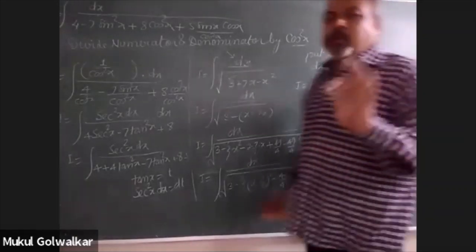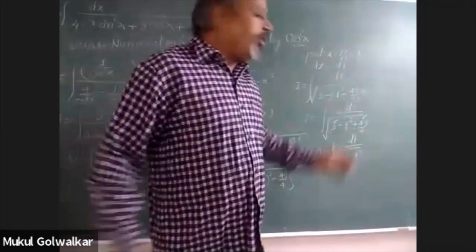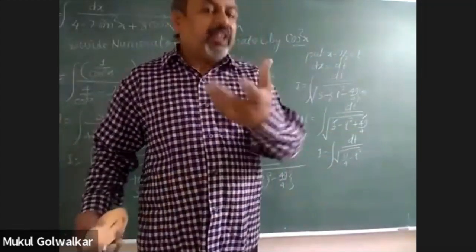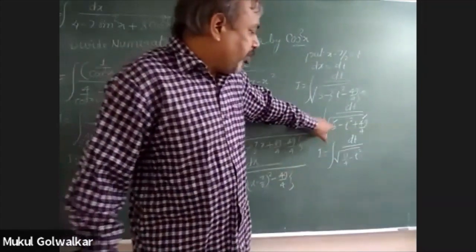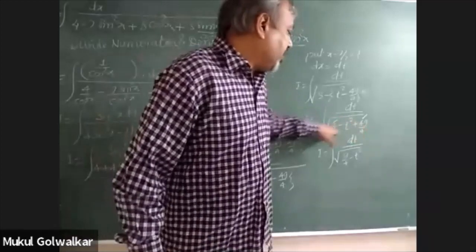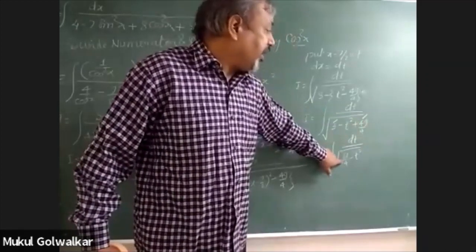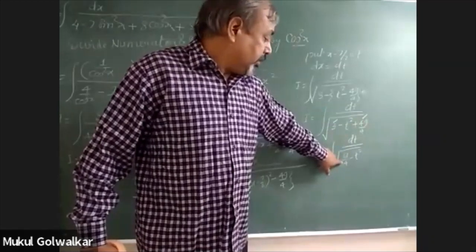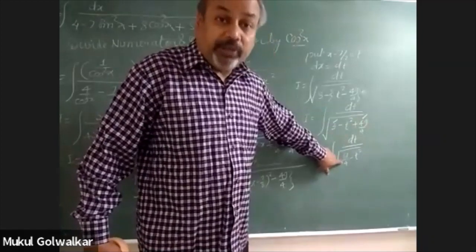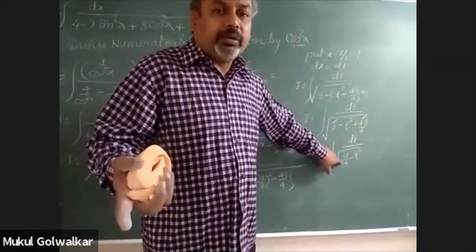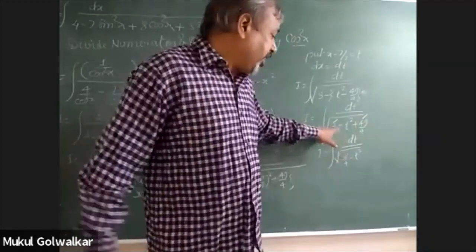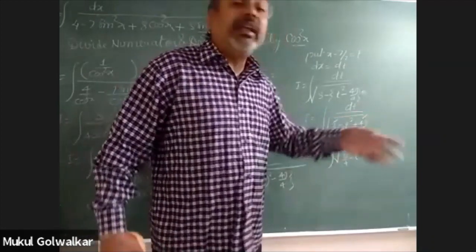I am not talking especially about 3 or 49 by 4, but in general. Suppose we simplify these two constant terms. Right now, after simplifying them, we are getting a positive quantity, isn't it? This is 61 upon 4, a positive quantity. But there may be some question where, by chance, after simplification of the constant terms, you get a negative quantity.